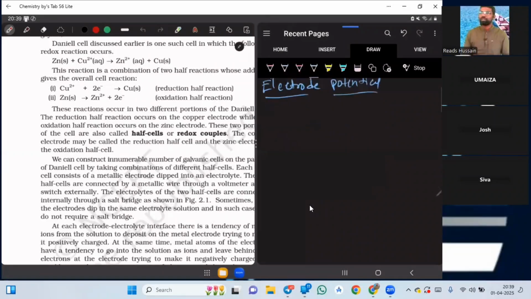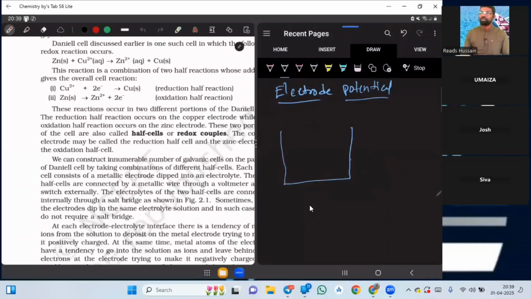In the same manner, I am going to take a second example, copper. Let it be a beaker filled with copper sulfate solution, CuSO4 solution, which consists of copper ions and sulfate ions. Now I am going to keep one copper metal rod in this solution.